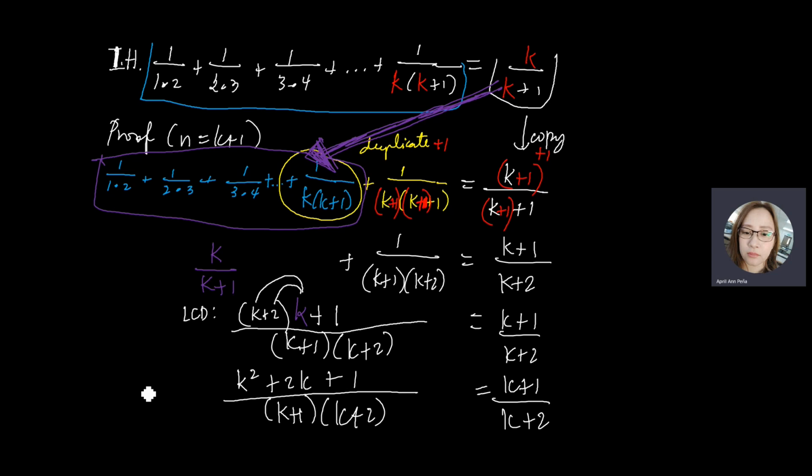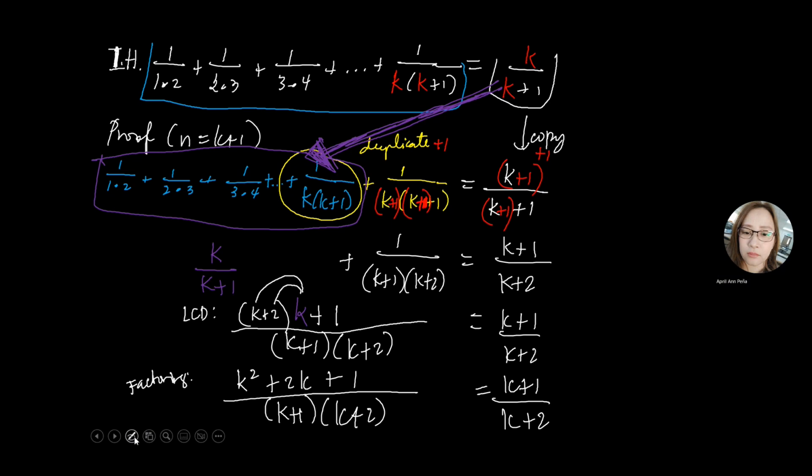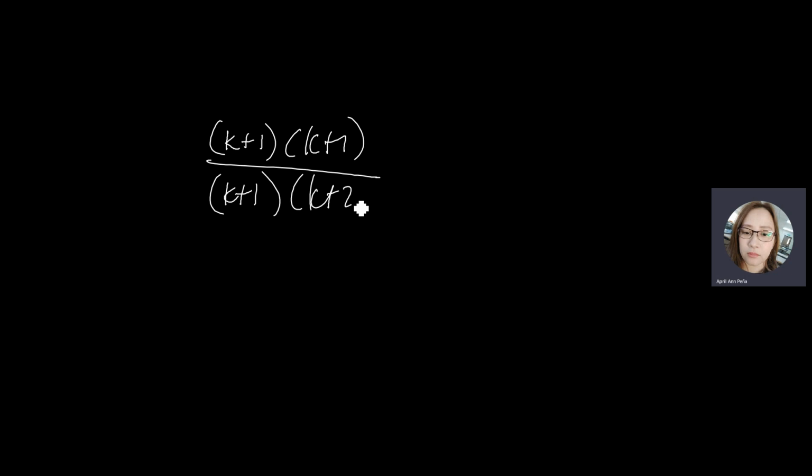So what you need here is factoring. You factor the numerator. So the factors of the numerator are k plus 1 times k plus 1. Copy the denominator, k plus 1 times k plus 2. And then copy the right side, k plus 1 over k plus 2.